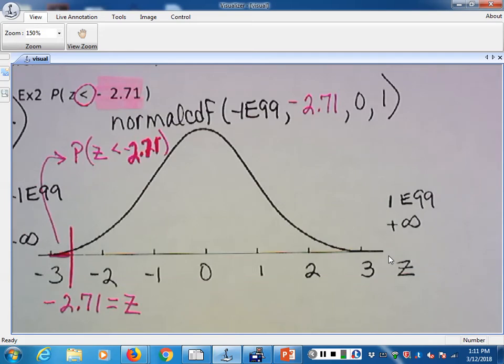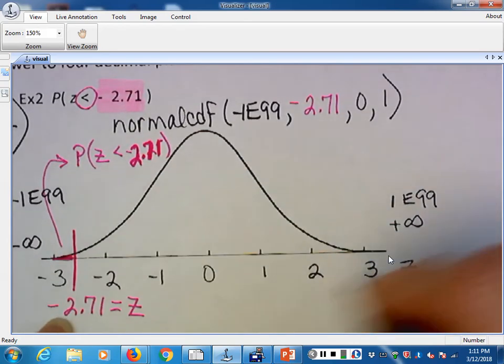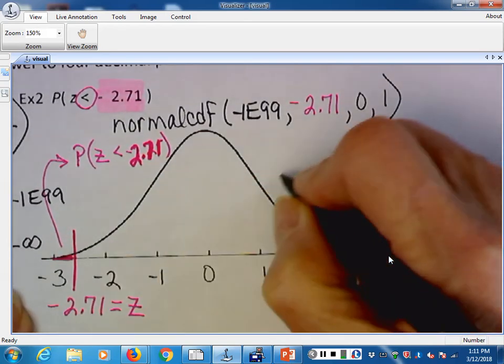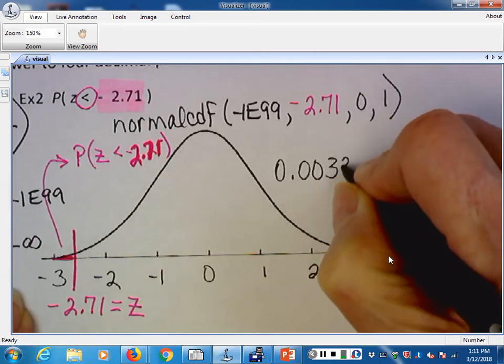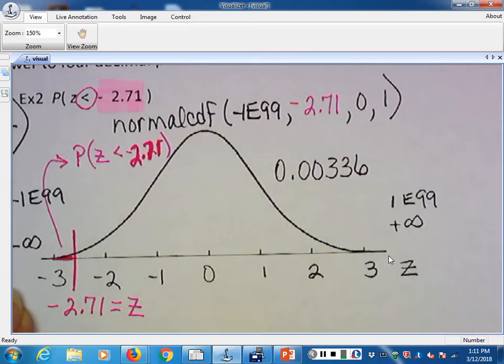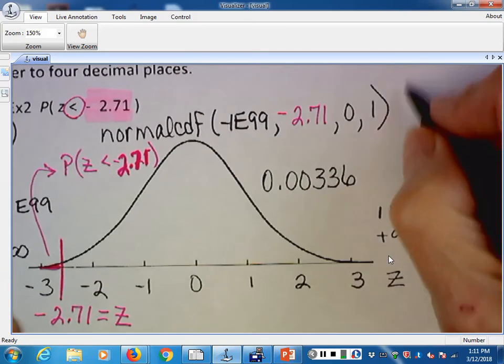Very small. I got .00336. So what does that round to?